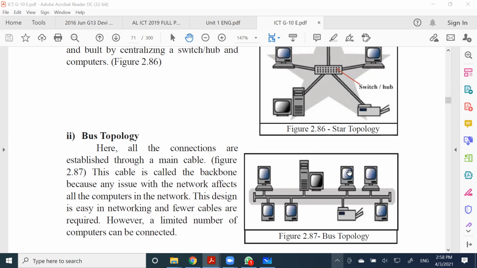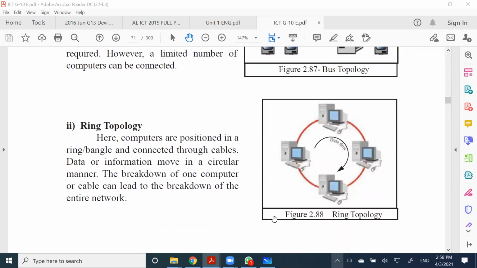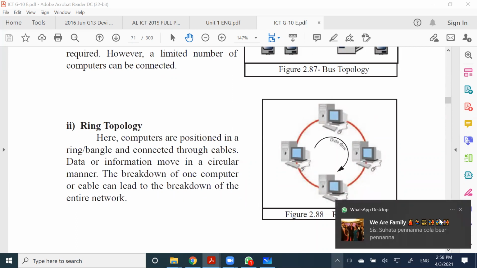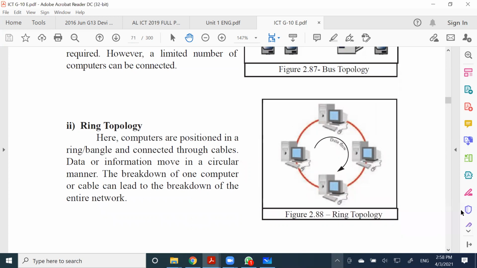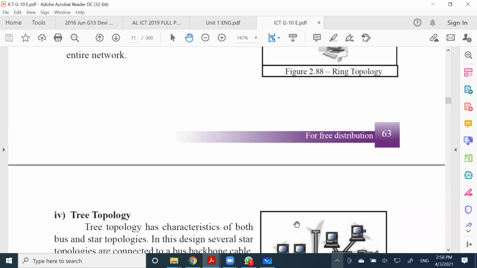But if one of these hosts is damaged, it won't affect the network. But in ring topology, if any computer or any device is damaged, it affects the network. මොකද ඒගොල්ලන්ගේ තියෙන එක්කෙනෙකුට එක්කෙනෙක් connect වෙච්ච methodology එකක්. Right? So if one thing gets broken, the network is affected from that.